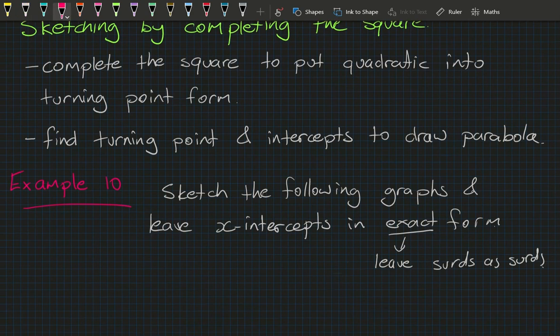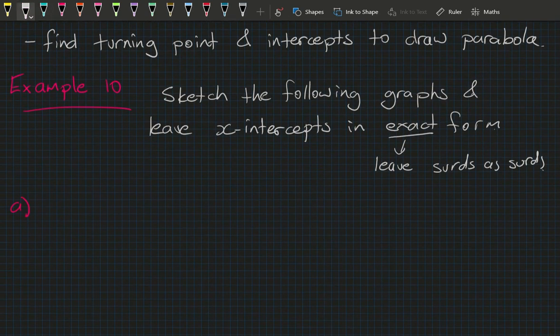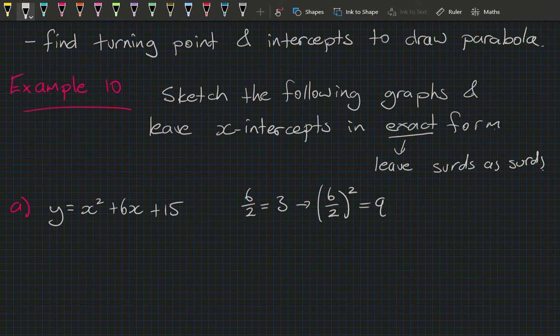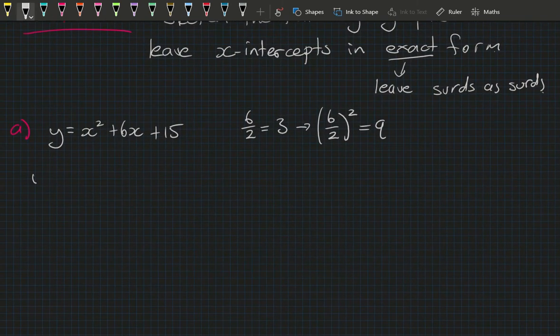Okay, so in part A, we've got y is equal to x squared plus 6x plus 15. And just as a side note, 6 on 2 is equal to 3, therefore 6 on 2 squared is equal to 9. And we're going to need this in the next step, because if we add and subtract 9 to that quadratic, we haven't changed anything, because adding and subtracting 9 is the same as adding 0.